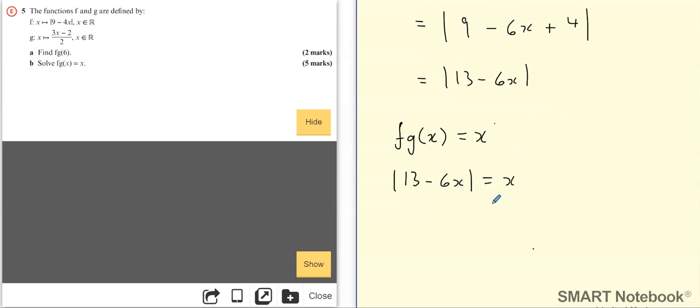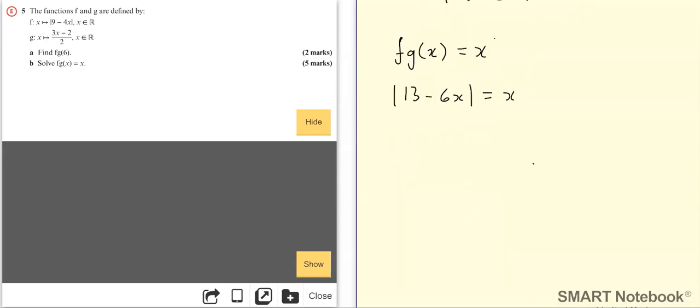What's the best way to solve this, please? Well, the best way to solve this is for you to sketch a graph.